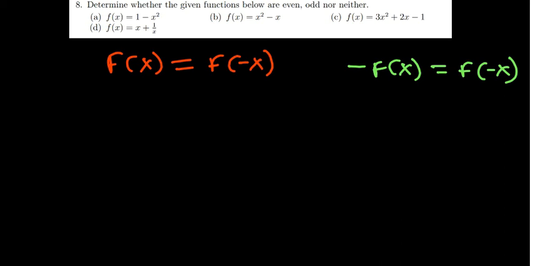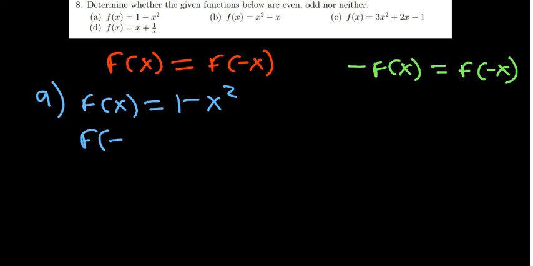We'll start with a. A is 1 minus x squared. That is the function itself, f of x is equal to 1 minus x squared. I like starting by testing whether it's even. So I'll say the function of negative x. Where there's x, I'll put a negative value of x. After I square it, it will still be x squared.